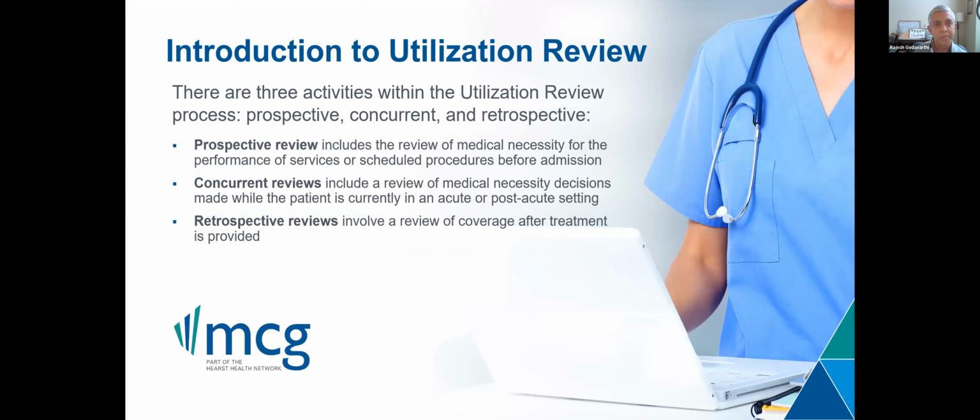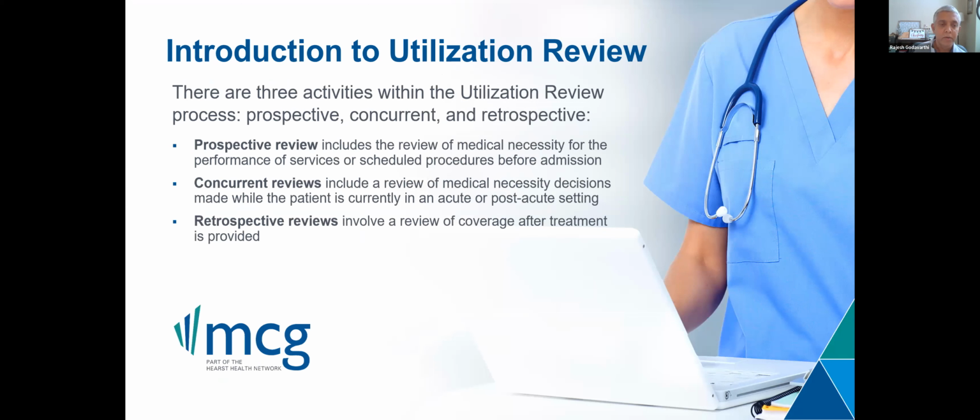So in the utilization review process, typically there are different types of reviews that we call prospective review, where medical necessity is reviewed for the performance of services before admission, and concurrent reviews when the patient is in inpatient or in a post-acute setting, and the retrospective reviews after the treatment is provided.